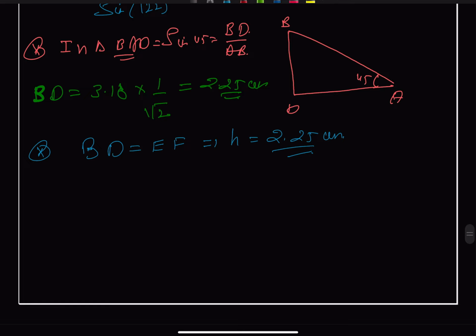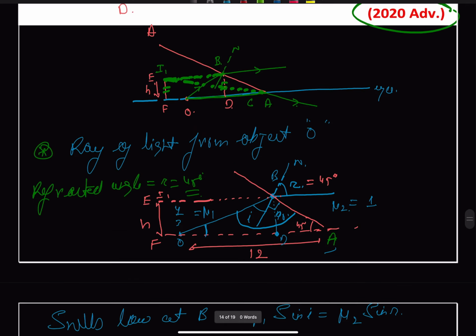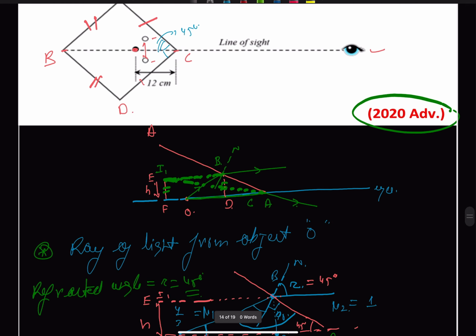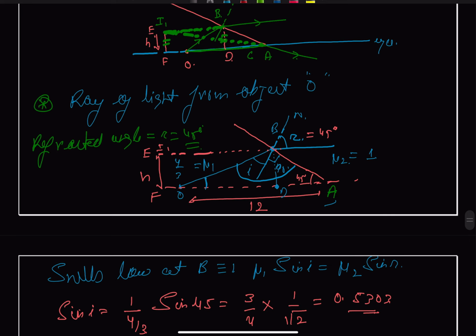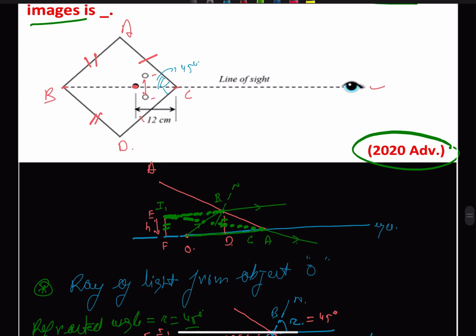So this is the height of image I1. Let me rename this: this is our A, and let us call this A prime now, much more convenient.